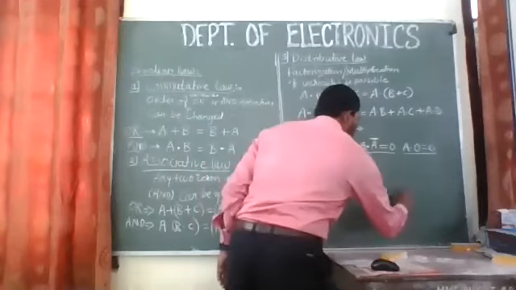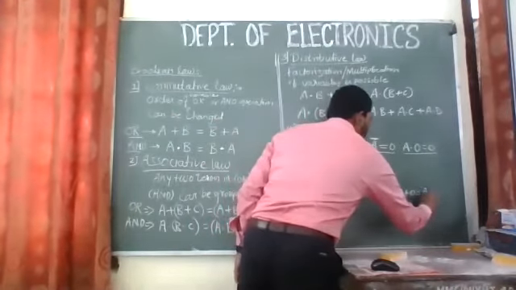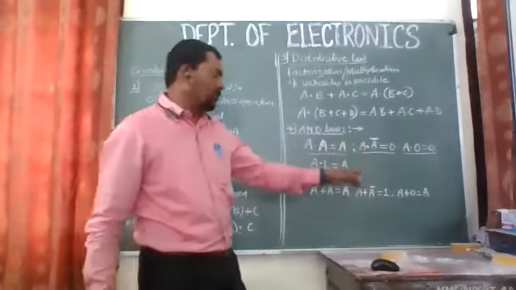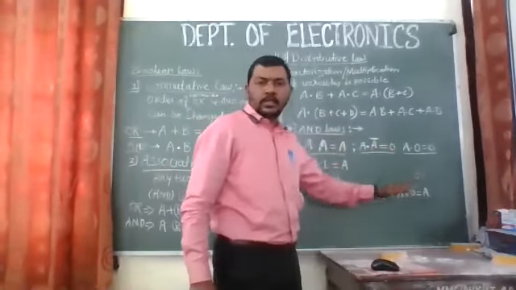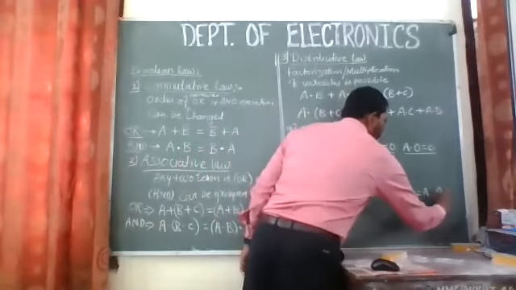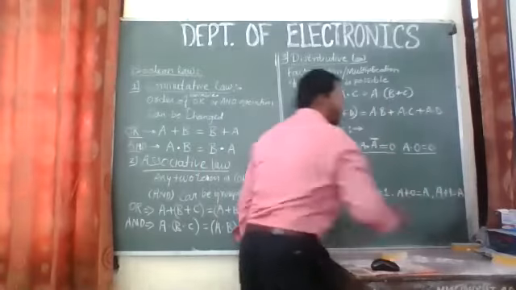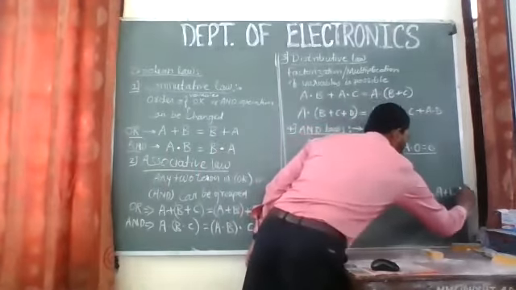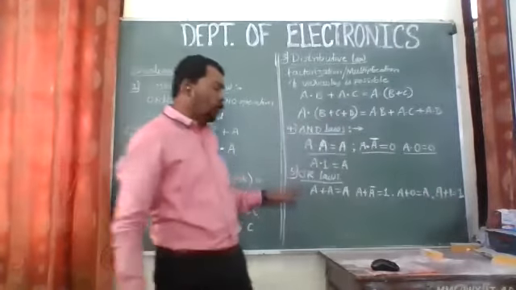Similarly, if you add A plus 0, the output will be A, because whatever A is, the output will be the same. Here A plus 0 is A. Then A plus 1 is 1.